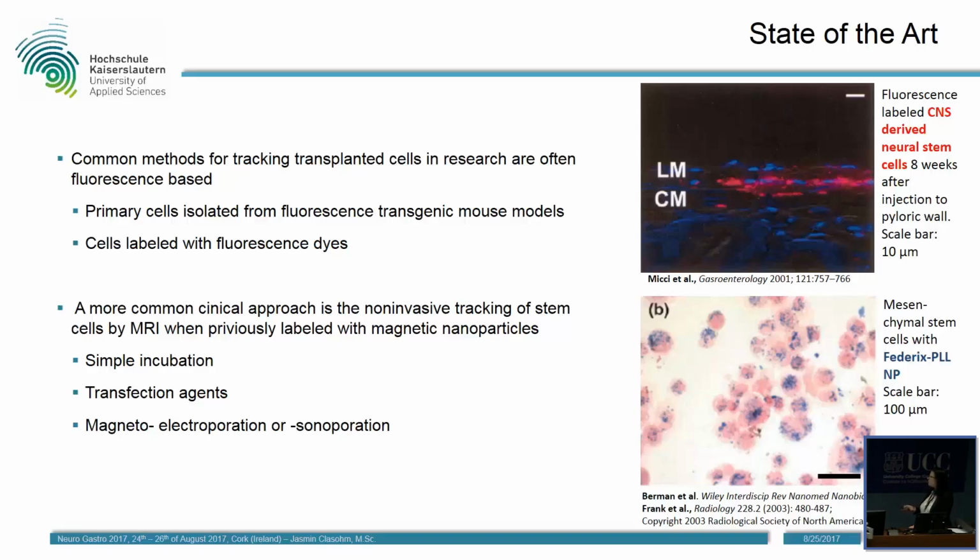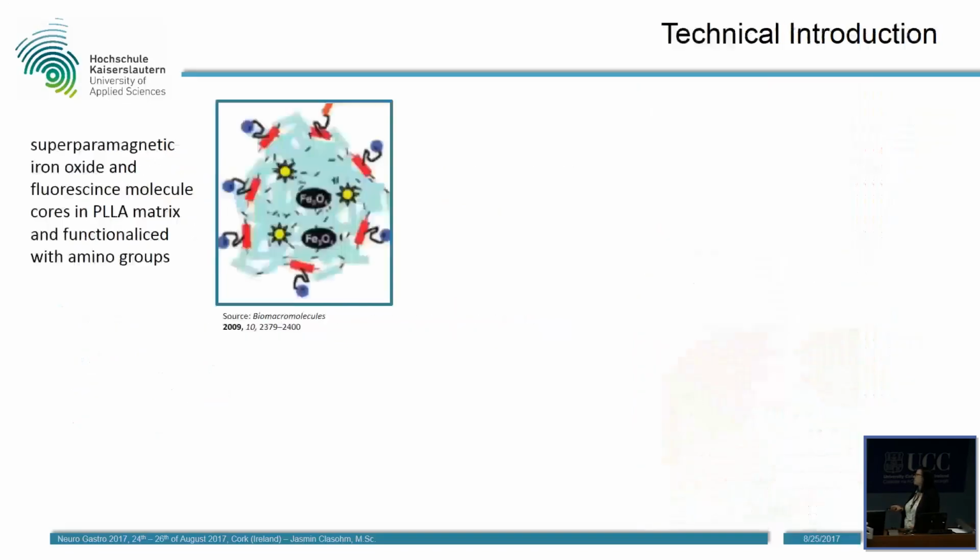And in vitro, mesenchymal stem cells were labeled with Feridex PLL nanoparticles. These are also magnetic nanoparticles, and this was done by Frank et al. in the year 2003. So both of these methods are actually not new.